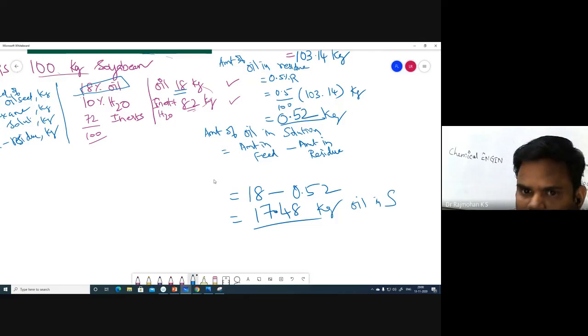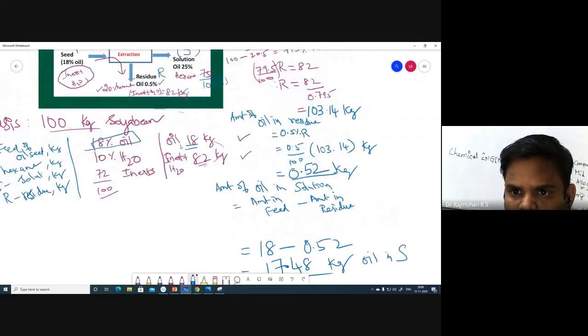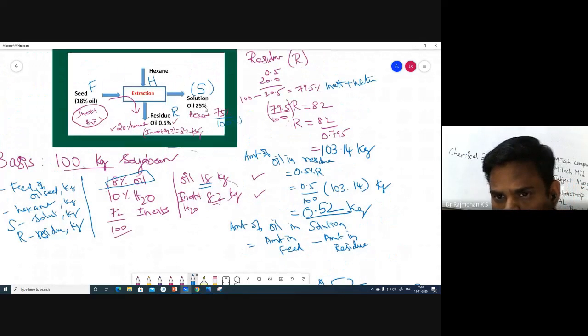And the percentage is given, right? From the diagram we have 25% oil, 75% hexane. Now we know the oil amount, so we can find out S from it.